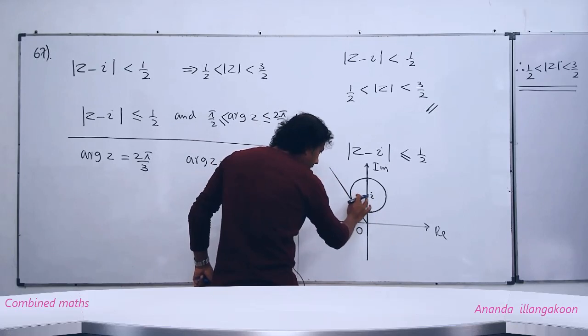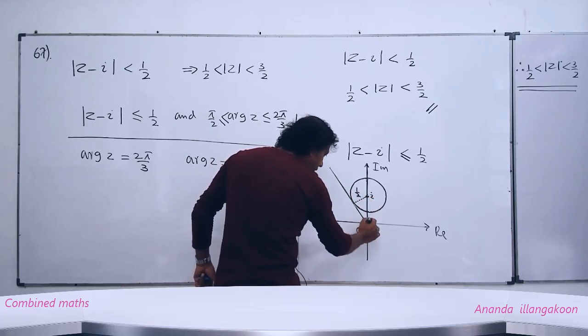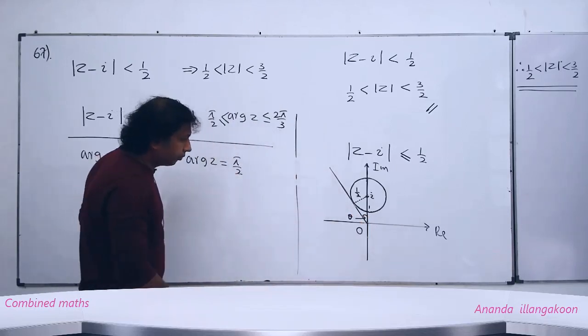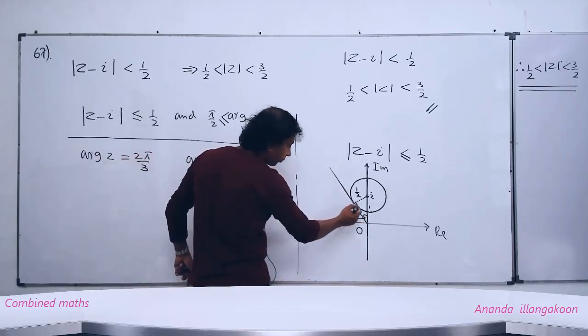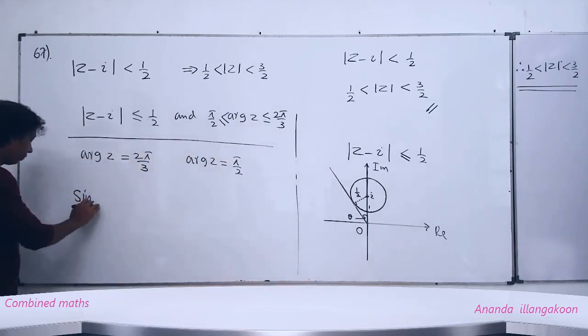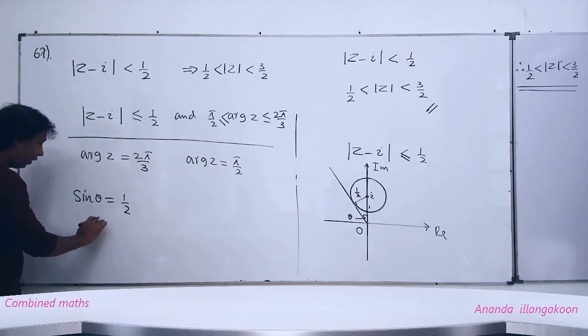Radius is half. This length is 1 unit. If I take this angle as theta, sin theta is half. Then theta is 30.